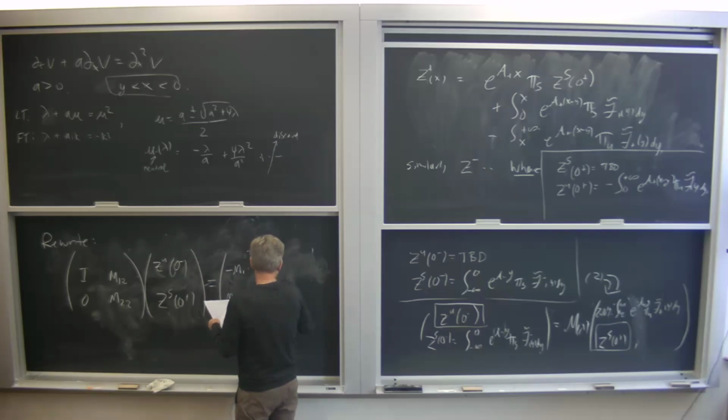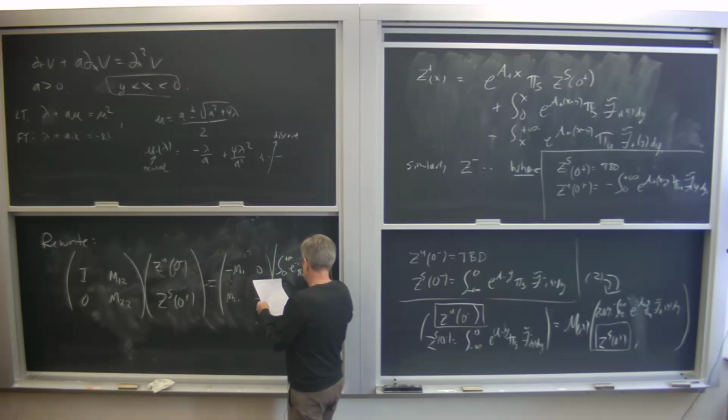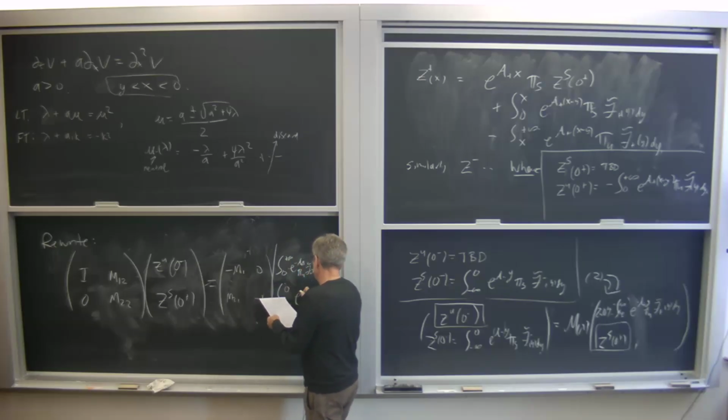I think this is what I get. And then times these integral operators on f: pi unstable f tilde plus of y dy, and a minus y pi s f tilde minus of y dy.